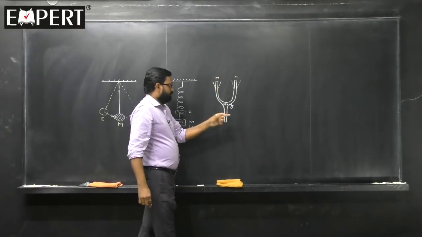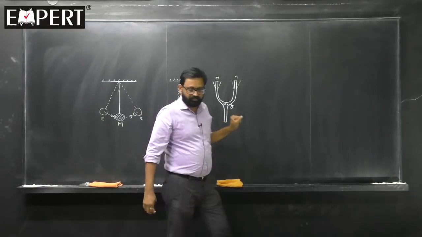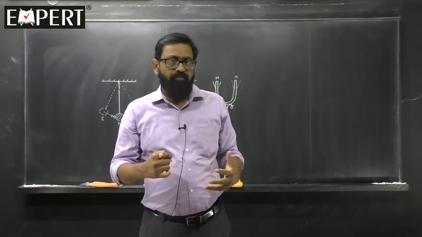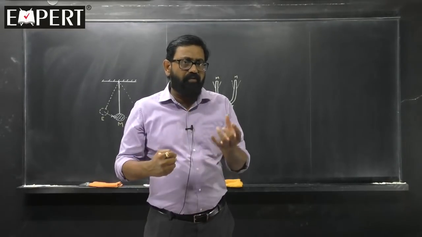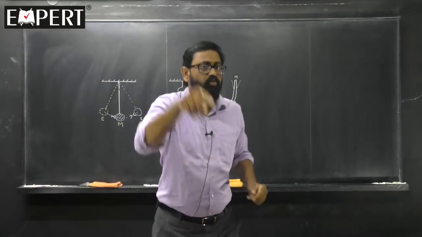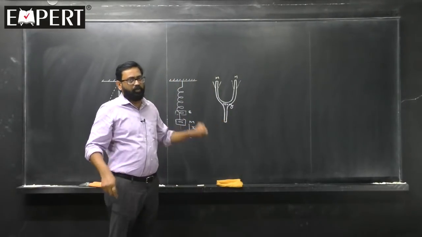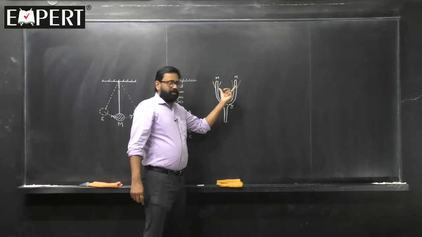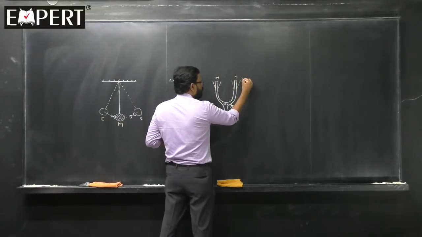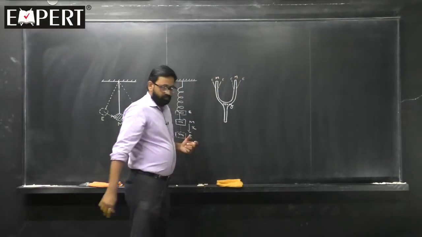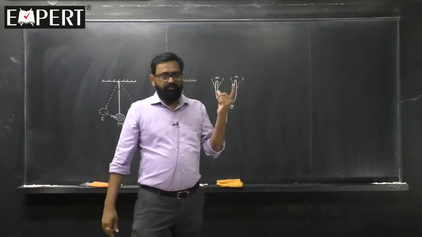When they are vibrating, they vibrate with this frequency. If the tuning fork is proper and the value printed is proper, they will vibrate with that frequency, and when they vibrate with that frequency, they will produce a sound of that particular frequency which is printed over it. So, this tuning fork will be vibrating about its original position. You can call these positions extreme positions for your reference. Vibration of a tuning fork.